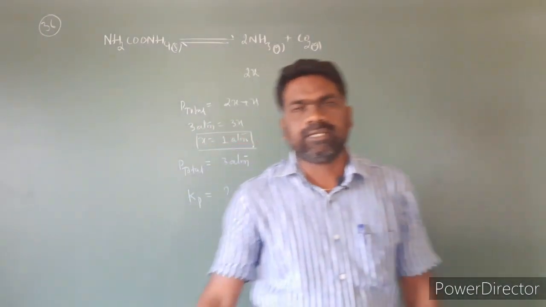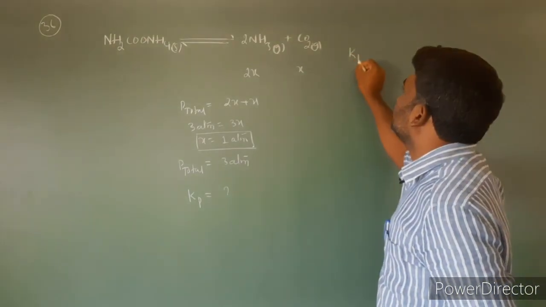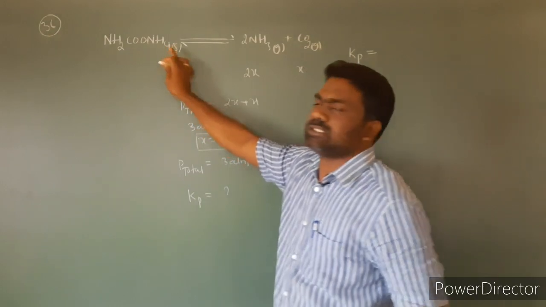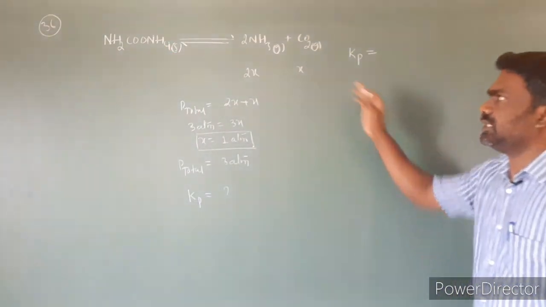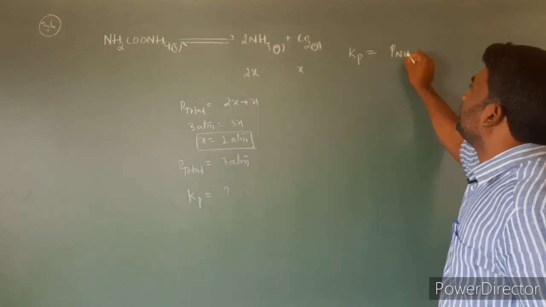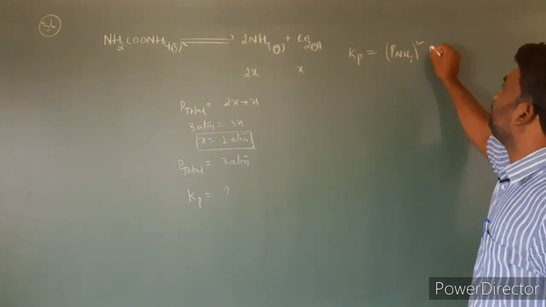Now we have to calculate Kp for the reaction. First let us write Kp for this equation. Kp is equal to, here NH2COONH4 is a solid, so it will be taken as unity. Then we take the partial pressure of NH3 power 2 and the partial pressure of CO2.